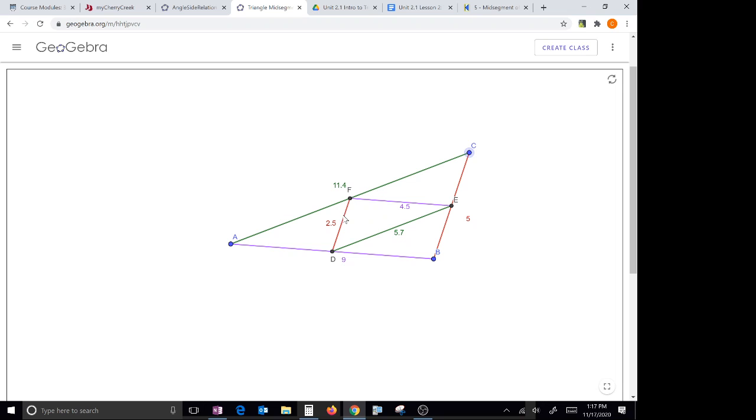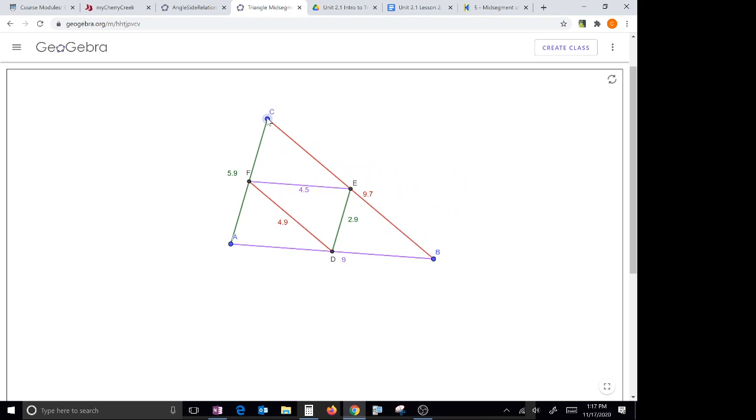But we can still see it here. So 2.5 and 5. This is 5.7, half of 11.4. 4.5 is half of 9. So those are the two properties of mid-segments. They are parallel to their corresponding side, and they are half the length of our parallel side.